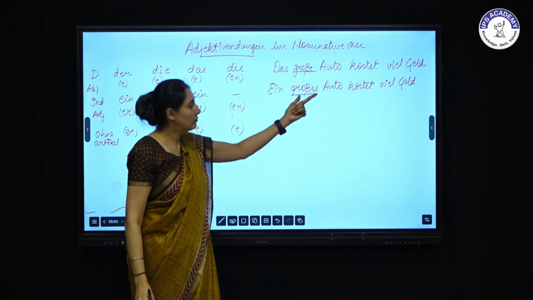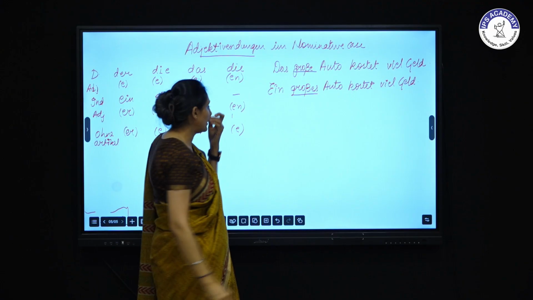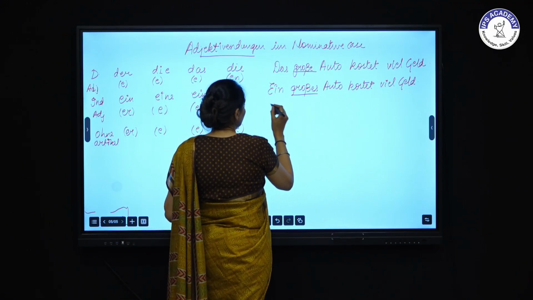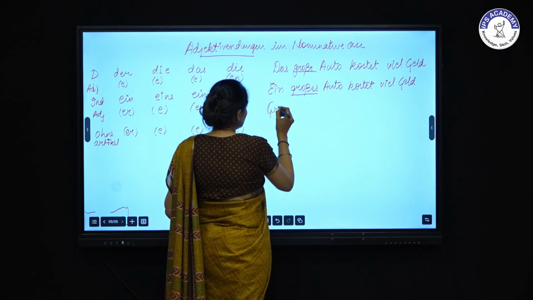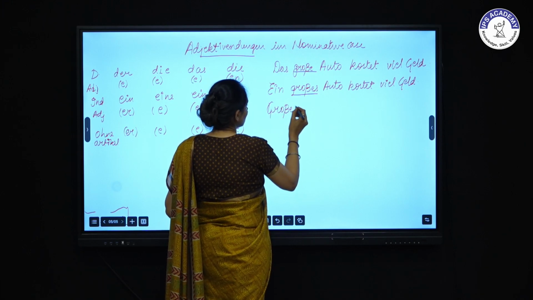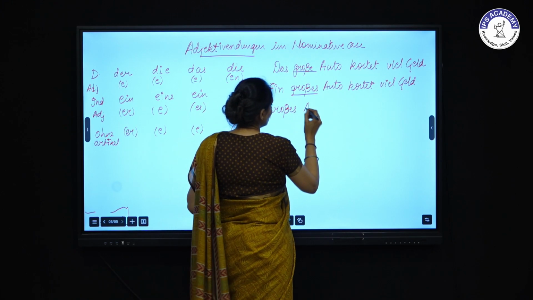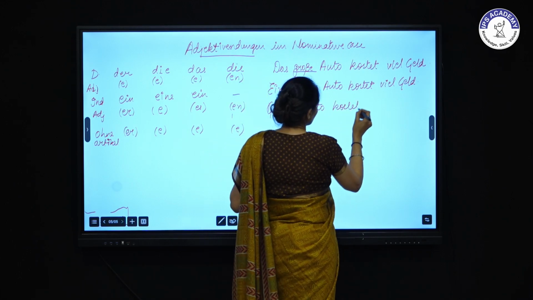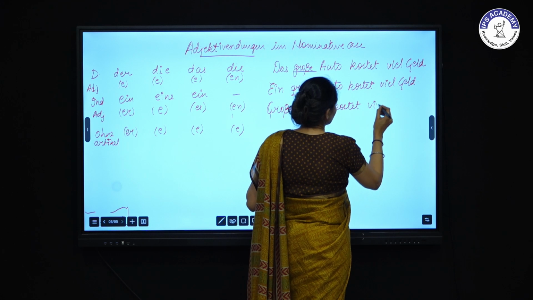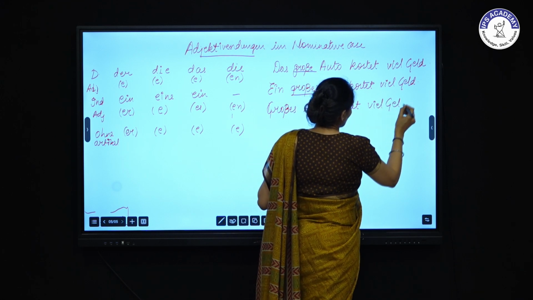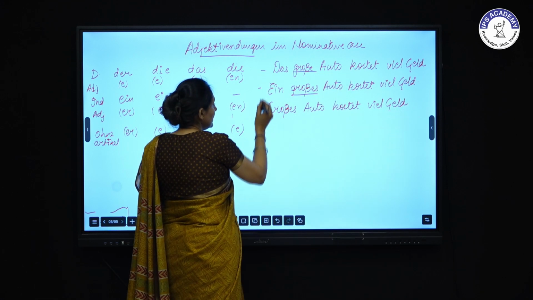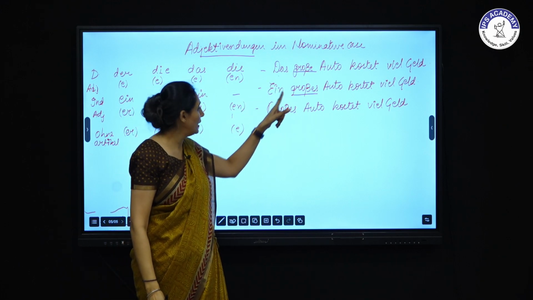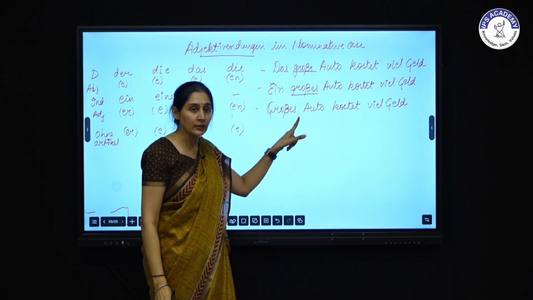That is our adjective ending. Again, if we have to say it with the owner article, that is großes Auto kostet viel Geld. The same sentence with definite, the same sentence with indefinite, and the same sentence with owner article.